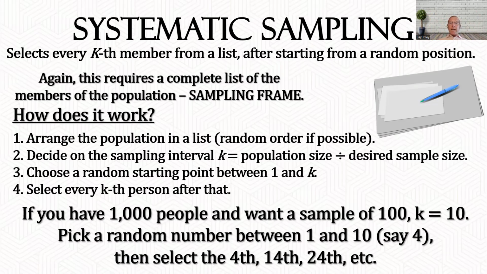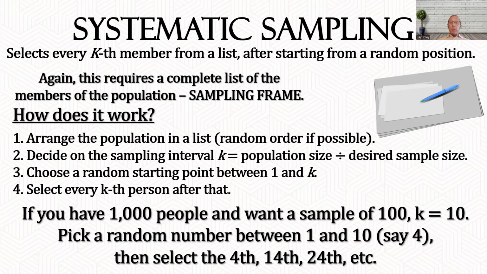You're going to decide on a sampling interval. So you're going to start with your population size, and then you're going to divide that by your desired sample size. Okay. And then you've got to pick a random starting point between 1 and k, which is that sampling interval.